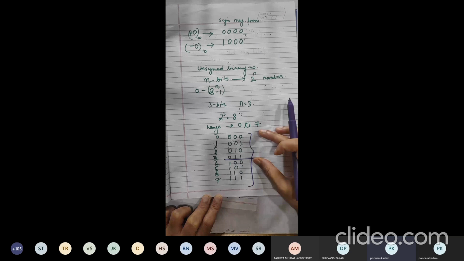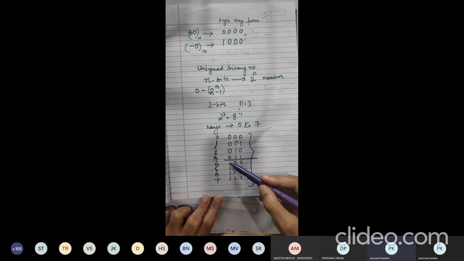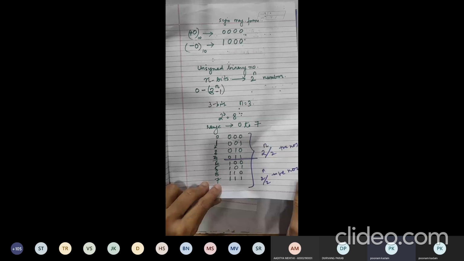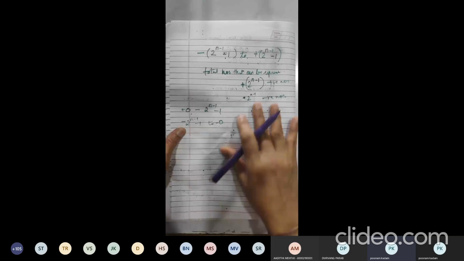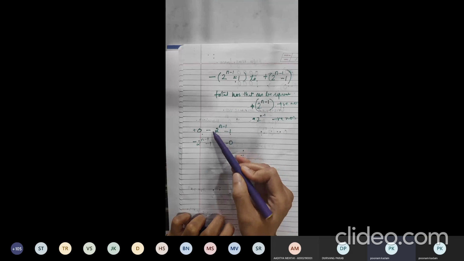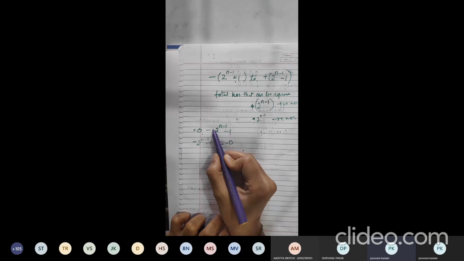Half is indicating positive numbers with MSB 0 and the numbers with MSB 1 are indicating negative numbers, right? So unlike unsigned binary, where you could represent 2 raised to power n numbers, now you can represent 2 raised to power n by 2 positive numbers and 2 raised to power n by 2 negative numbers. This is the range.